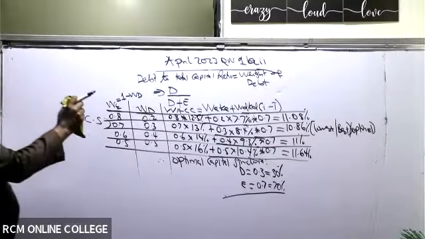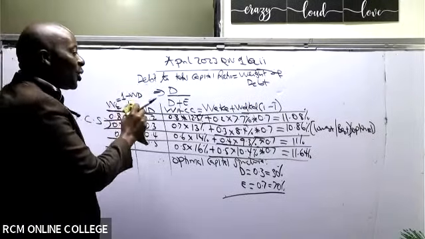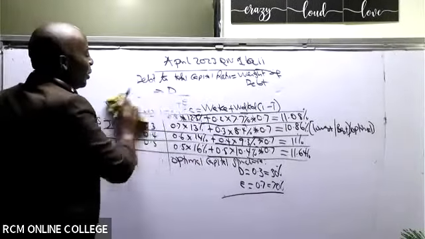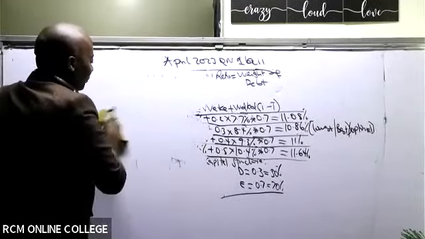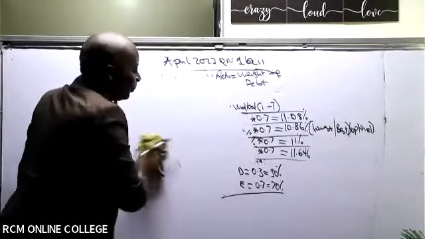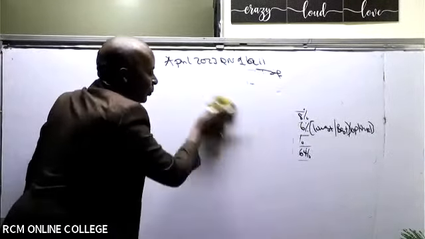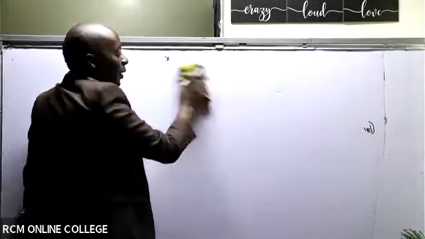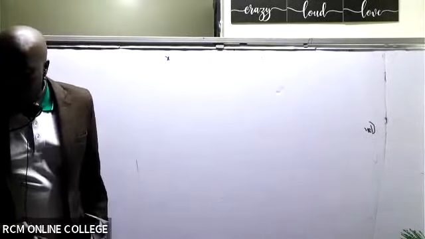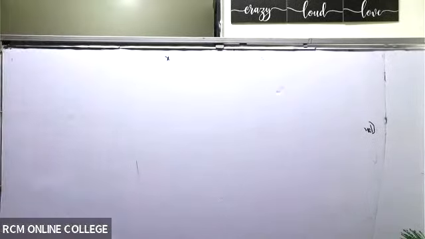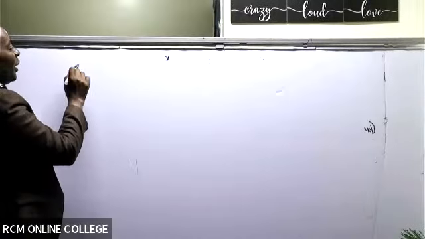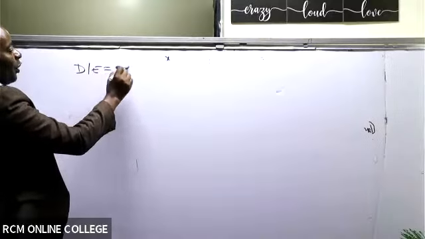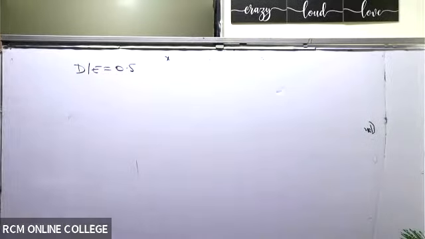Especially here, debt to total capital ratio. Please get debt to total capital ratio. That is weight of debt. Then, ladies and gentlemen, the other one is where now you are given, this is how the examiner cheats you, debt to equity ratio, 0.5.